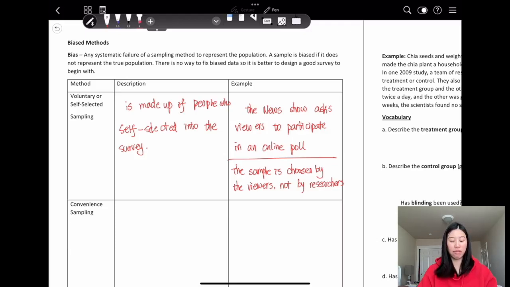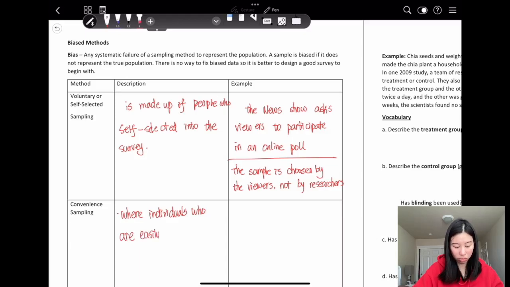The second one is convenience sampling. Convenience sampling is where individuals who are easily accessible are more likely to be included in the sample.